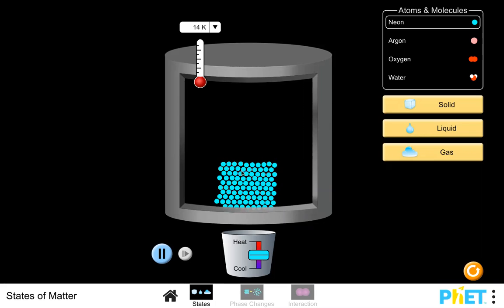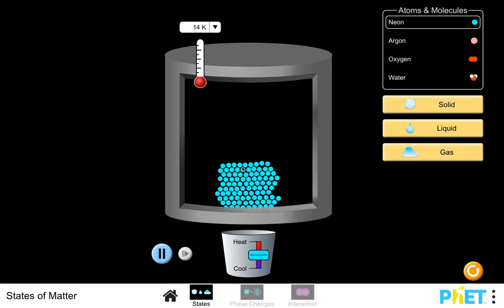Therefore, because of diffusion, other components can move through these things, right? These are the compounds that make up the matter.